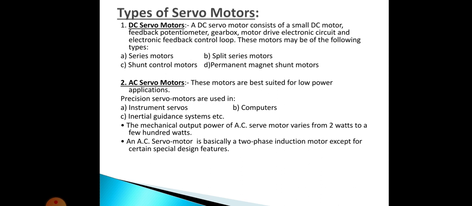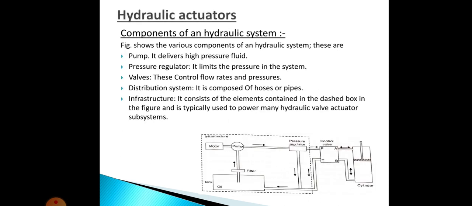The next one we will be seeing is the hydraulic actuators. You can see the components of hydraulic actuators in the diagram. There will be a pump that delivers high pressure fluid. Then there will be a pressure regulator, which limits the pressure in the system. Then valves, which control flow rates and pressure.